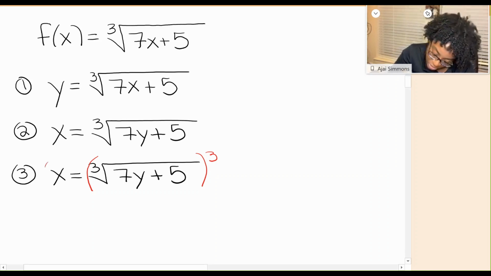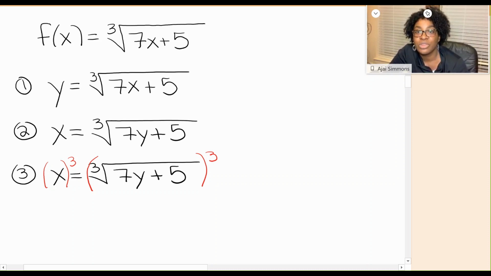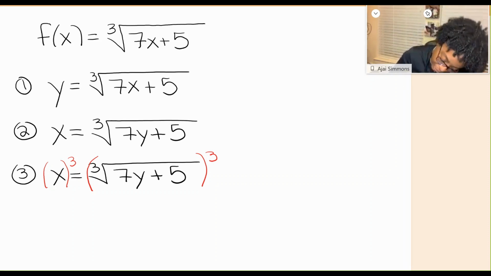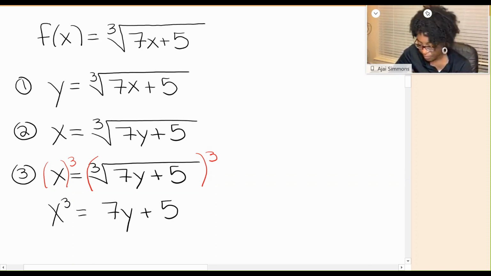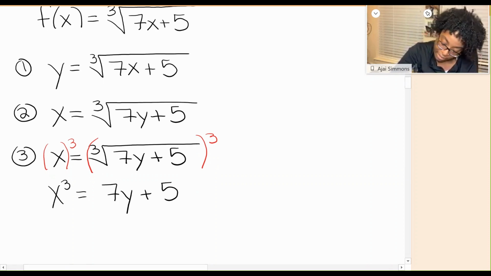But if I do that to one side, I have to do it to the other side. You got to think about what's the opposite. So this will be x to the third is equal to 7y plus 5. I'm still trying to get y by itself. So now subtract the 5.